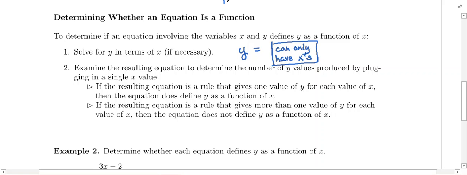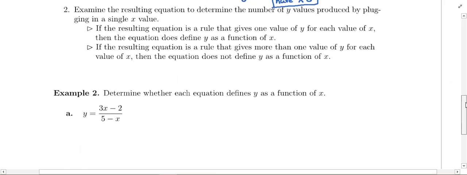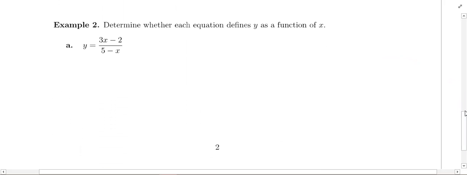If it isn't already, you need to make sure before working with the equation that it looks like y equals, and whatever's on the other side, as complicated or as simple as it is, can only have x's. If we go down to the equation in example 2a, this equation is already solved for y. We've got y equals on the left side, and on the right side we only have x's. There aren't any y's over there.